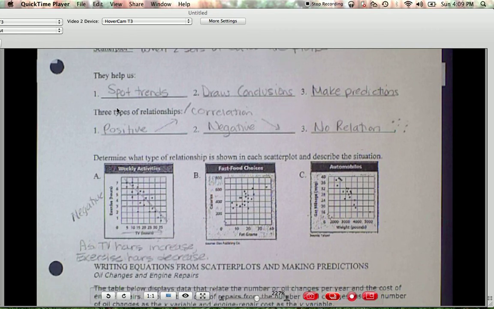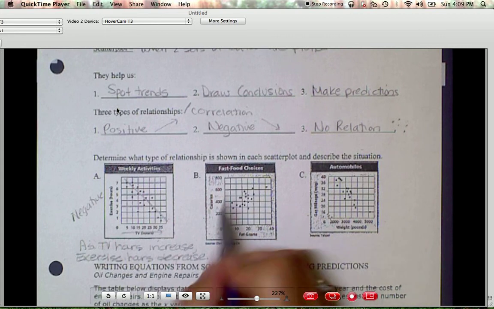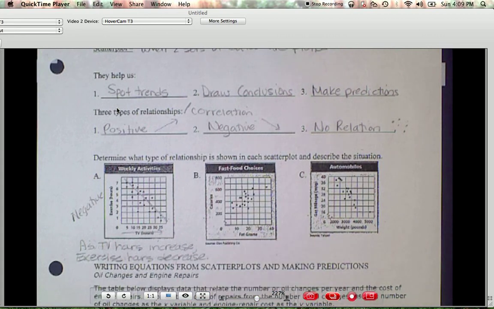How about B, fast food choices? So this has your fat grams and your calories. Where could we draw a line of best fit? Now this is debatable. Some people will say there is no correlation. Some people will say that there is.